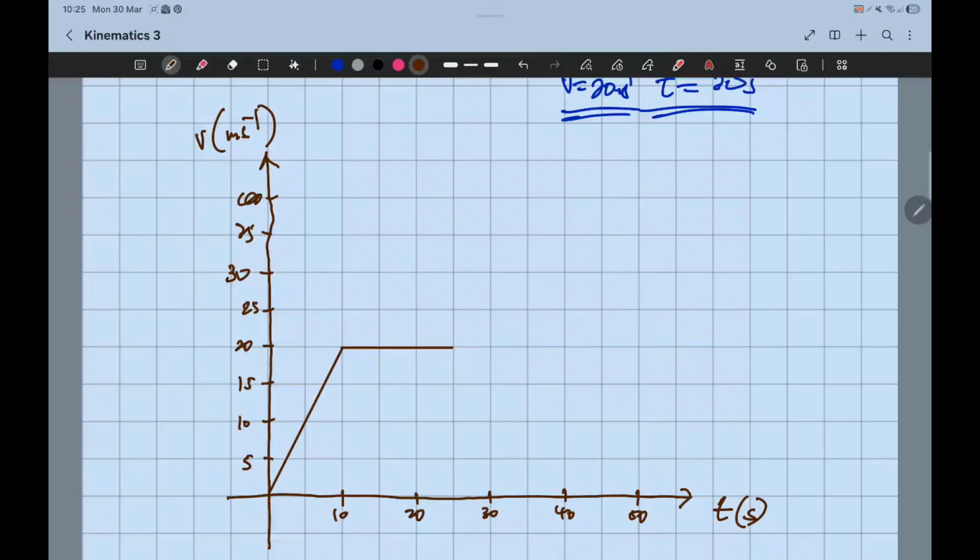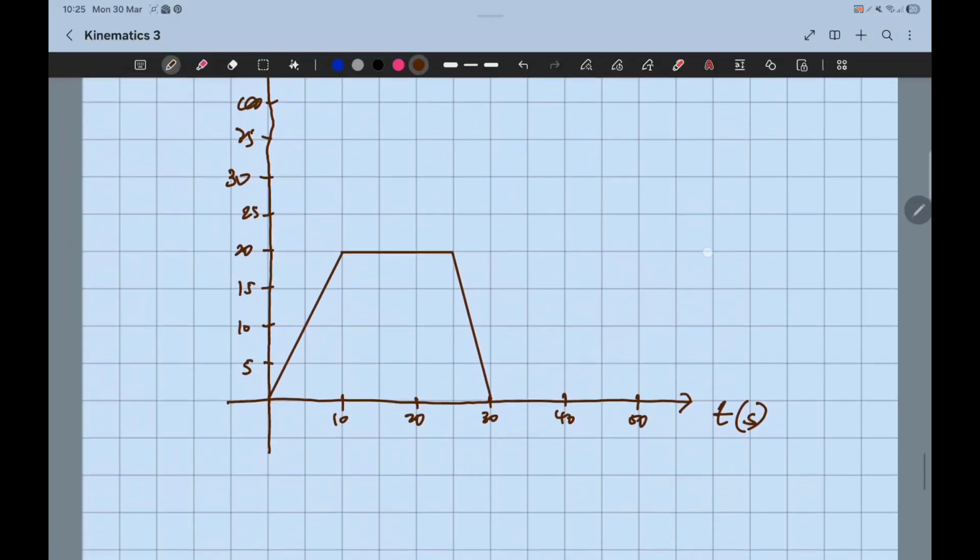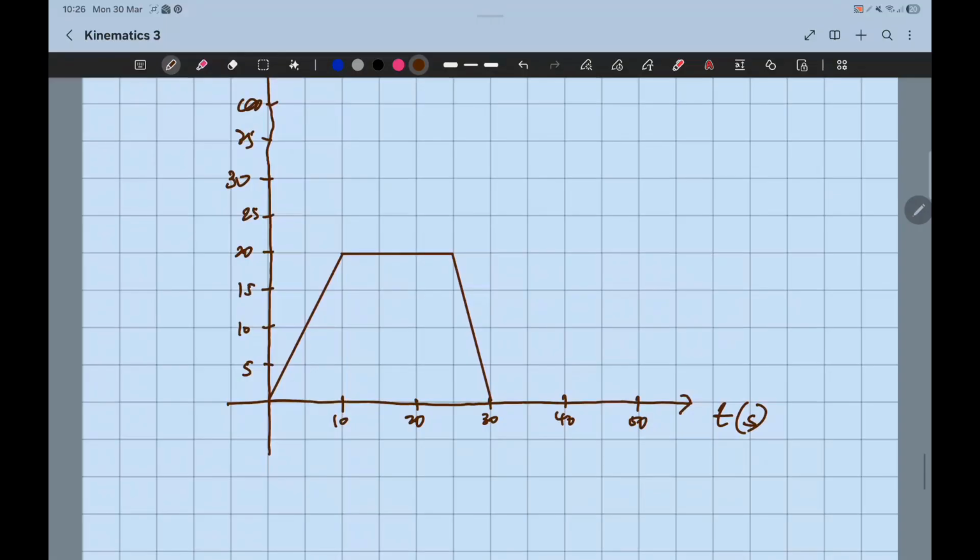Then from that time it starts to decelerate for the next 5 seconds. Decelerate. So this is the graph we get. So to find the total distance, you know the drill, it is the area under this.